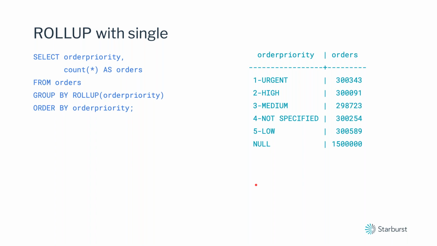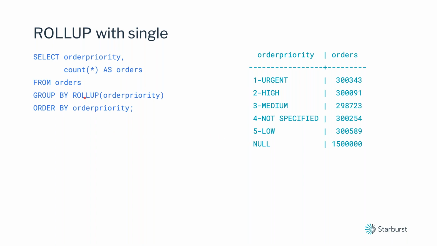Now, another thing you can do with aggregations is, let's say we want to count orders and group them by order priority. Normally you just do that aggregation and this is what you get. Along with that, I want to know the total number of orders across the entire table.